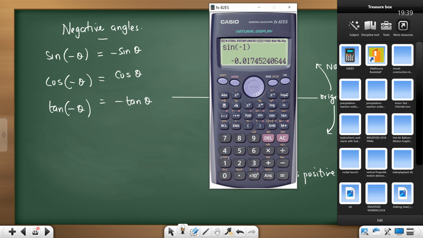Do you remember? With 0, we started from 0. We are shaking, means don't change. Cos negative 1, check. Positive answer. Okay, makes sense. Tan negative 1. Voila, negative answer.